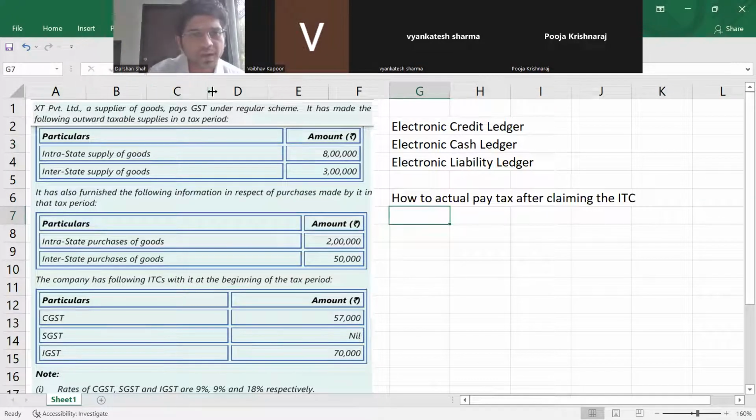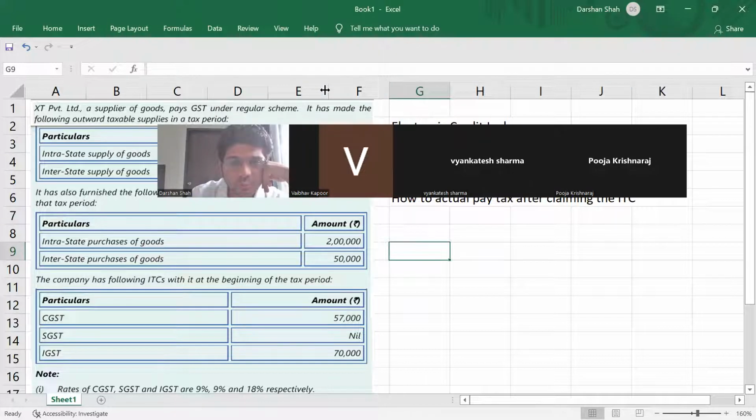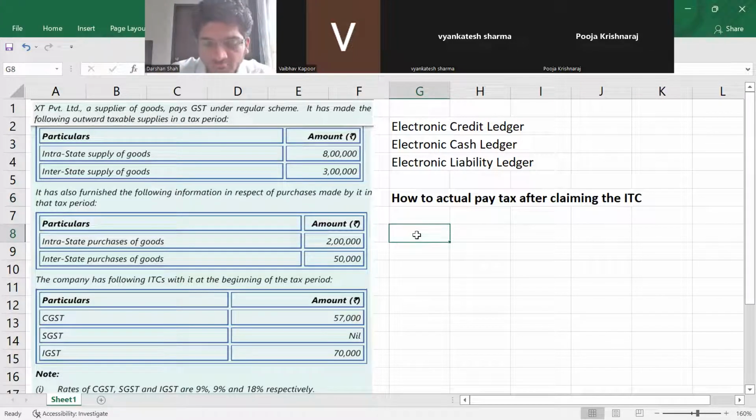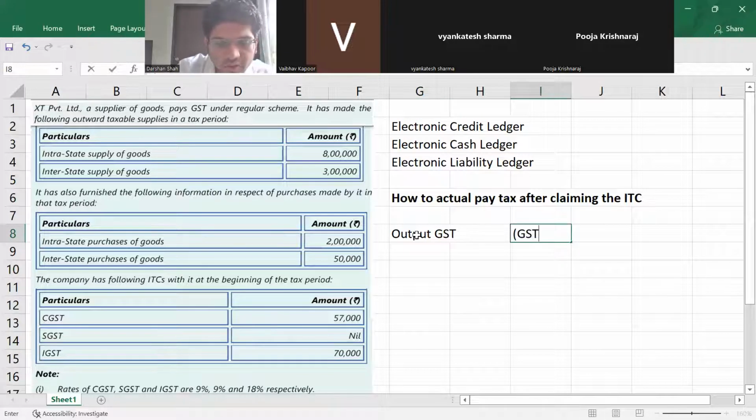So they will give the opening balance of ITC. Okay. So what we generally do is output GST minus input tax, right? But in the question, sometimes they might also give you the opening balance of GST. Then in that case, how to pay the actual tax, that we'll see. All right. So generally what happens is we say output GST, that is GST collected from the customers, that is my output GST, correct?